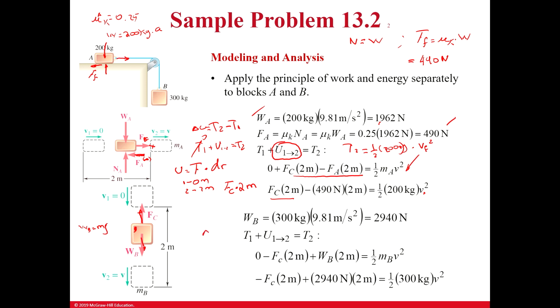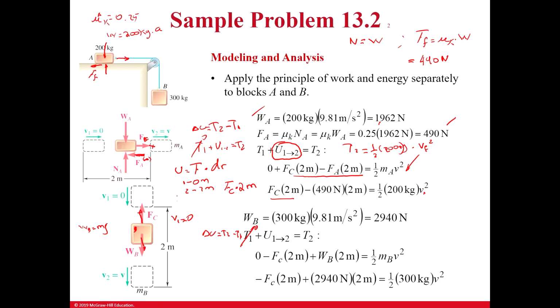So we set up the same equation, delta U equals T2 minus T1. They're telling us that since block A started from 0, this one also started from 0. So T1 is going to be 0. If the cable wasn't rigid, the only difference is that this would not be traveling 2 meters. It would be traveling some distance from the elastic behavior of the cable.